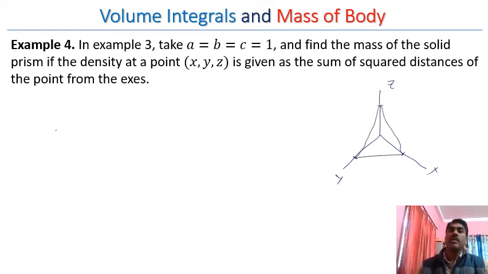And this was our prism. So now the coordinates will be 1 0 0, 0 1 0 and 0 0 1.